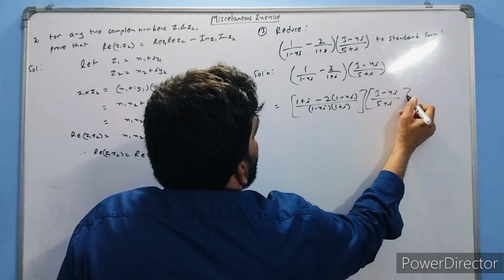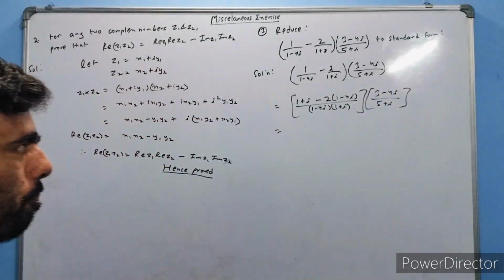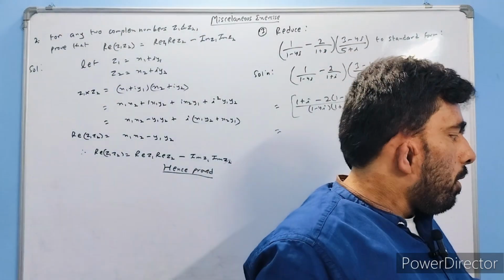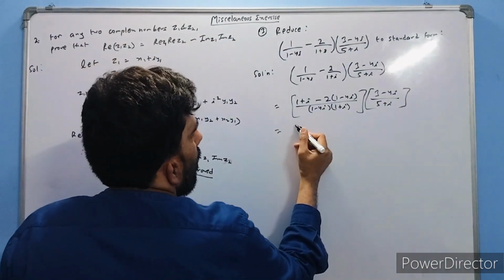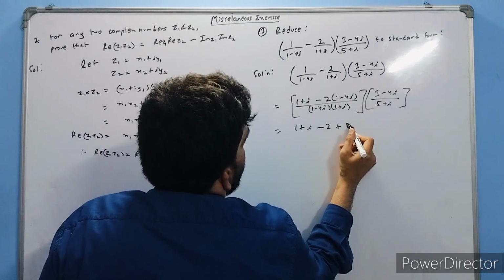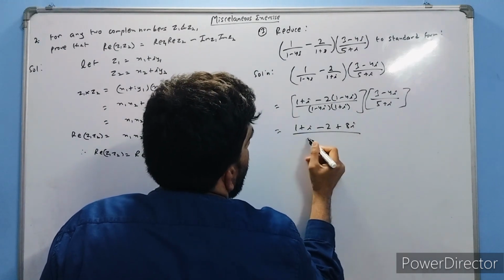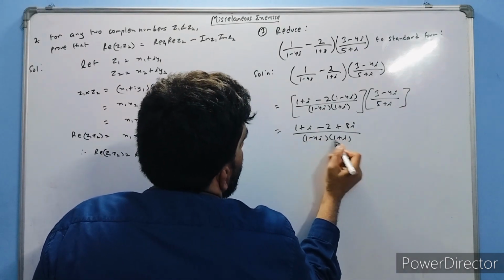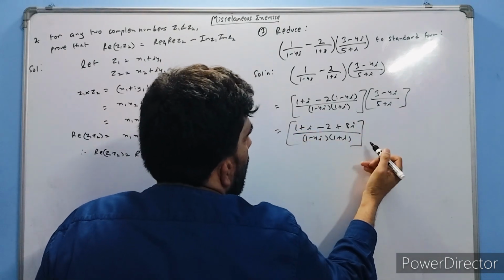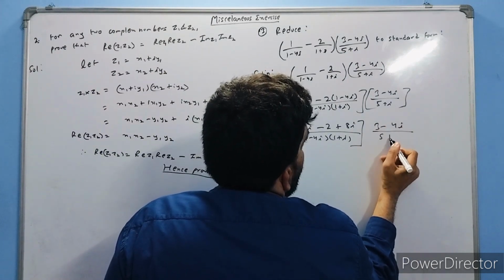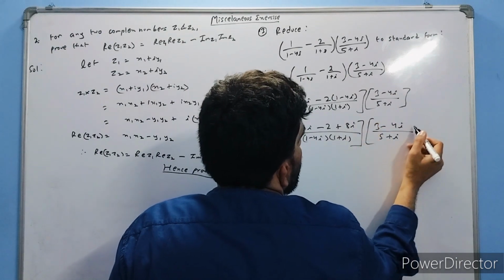Now what will be my next step? We'll multiply with 2 outside the bracket and open the bracket. 1 plus i minus 2 plus 8i. I have this 1 minus 4i and 1 plus i. We have 3 minus 4i upon 5 plus i.